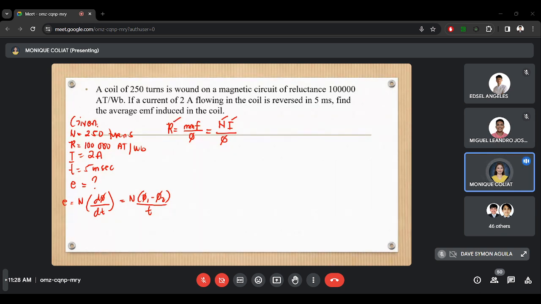So, this is your chance. Move flux up and reluctance down. So flux equals N I over reluctance. This will be N, 250 turns, times I, which is 2 amperes, over reluctance of 100,000.